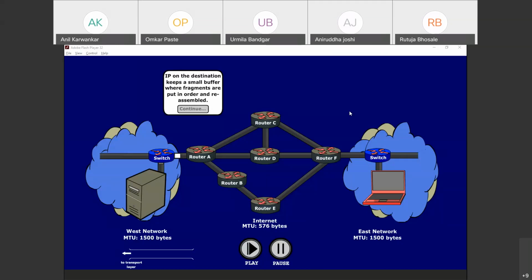Now, how is the path decided? Suppose this particular network, suppose the specified network routers, we will assign weights to the communication paths. Router F to router C is 1, router C to router A is 2.